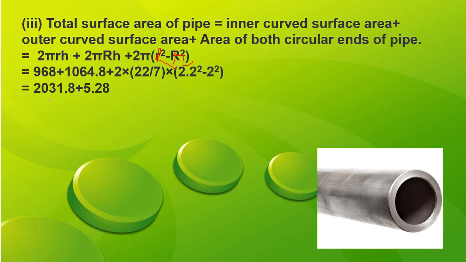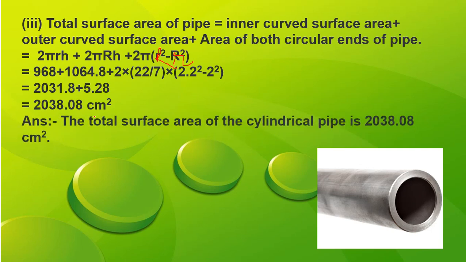So we get the solution of this after adding all the three terms. 968 plus 1064.8 plus 5.28 becomes 2038.08 centimeters square. So here we can say that the total surface area of the cylindrical pipe is 2038.08 centimeter square.